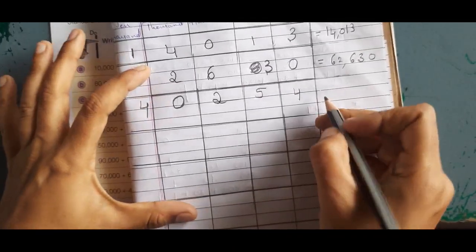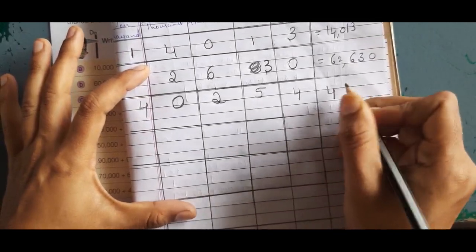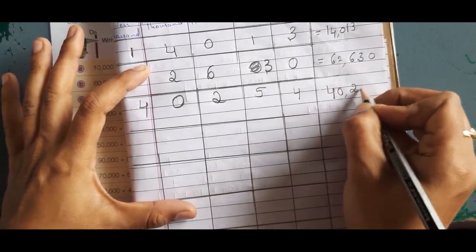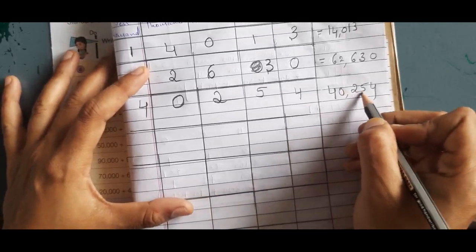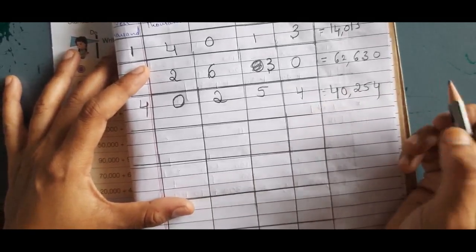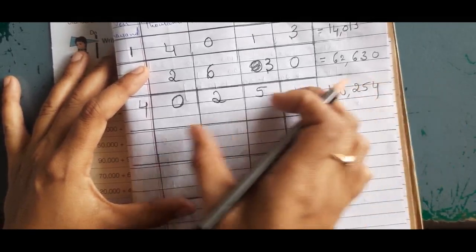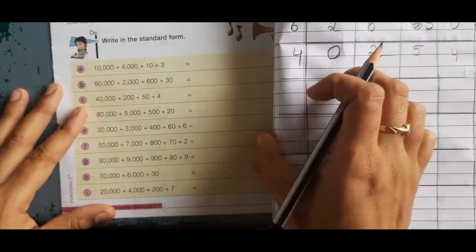This standard form reduces to 40,254. Okay, 40,254 is the standard form for the expanded number.